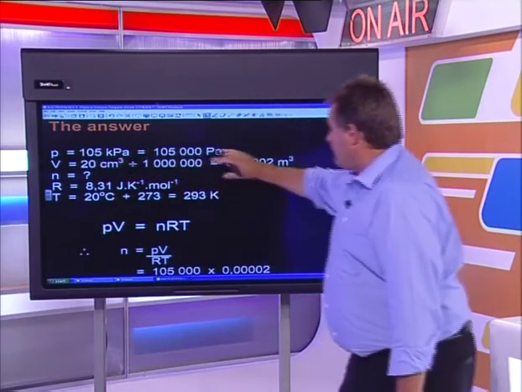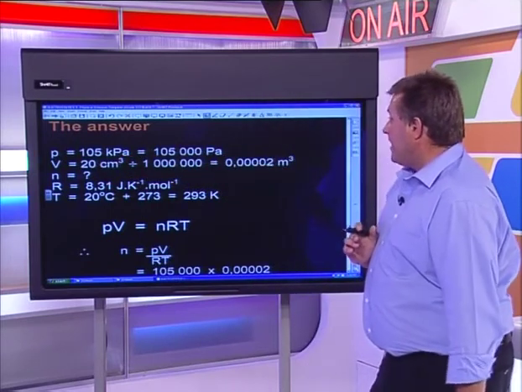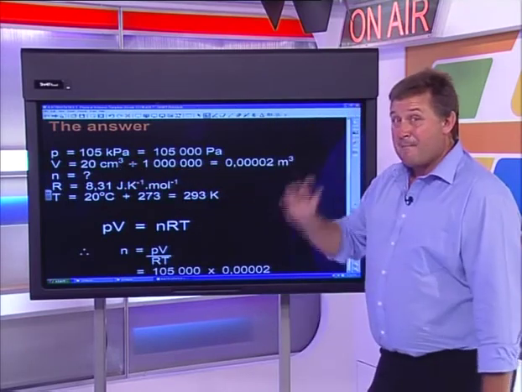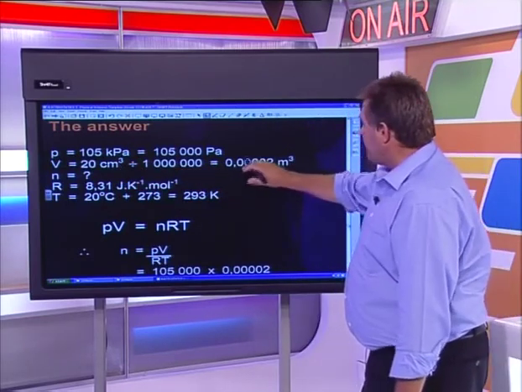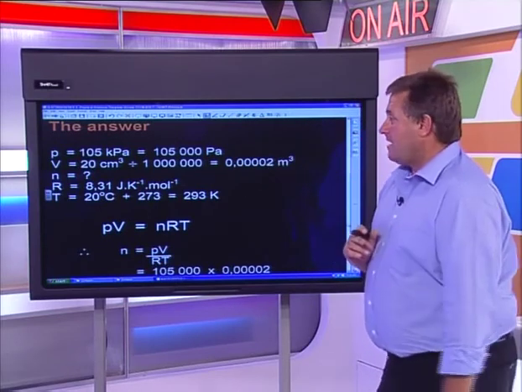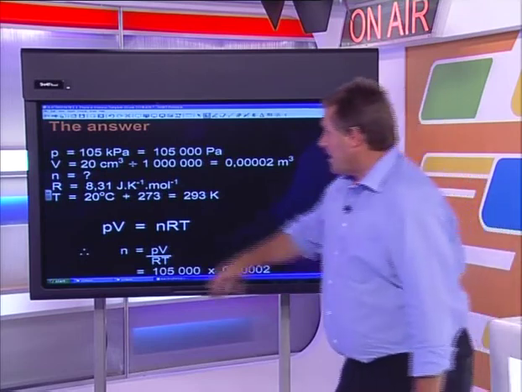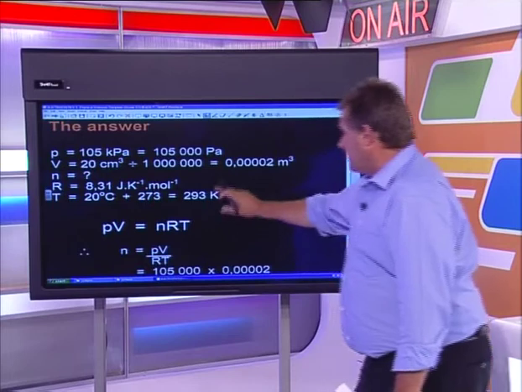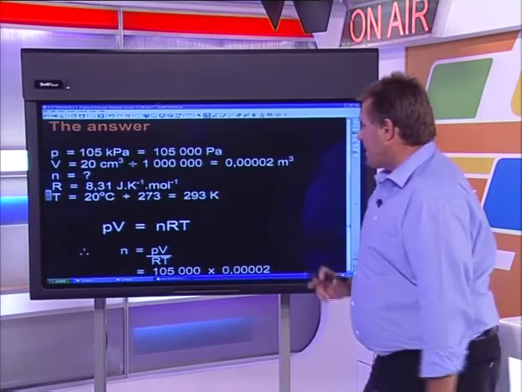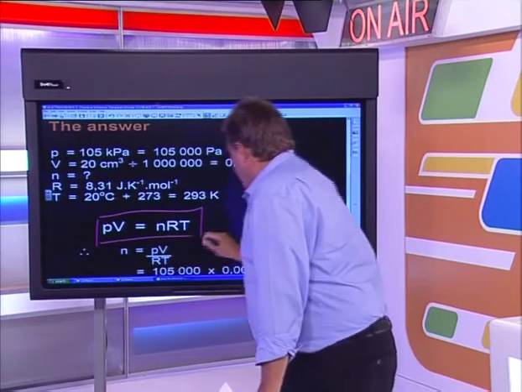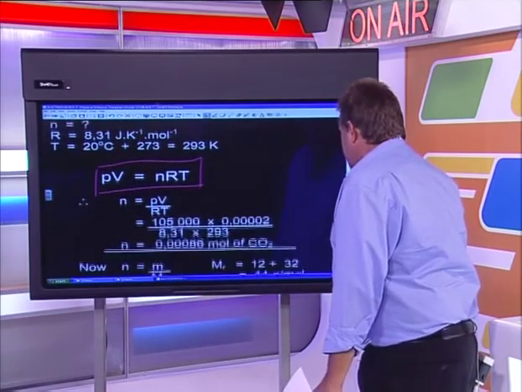Right, 105 kilopascals is 105,000 pascals. 20 cubic centimeters, we divide by 1,000,000, and we get 0,00002 cubic meters as my volume of the gas. We've got R as our constant, we've got our temperature, converting it into Kelvin, 293 Kelvin, and here's our equation, the ideal gas equation. PV equals nRT.